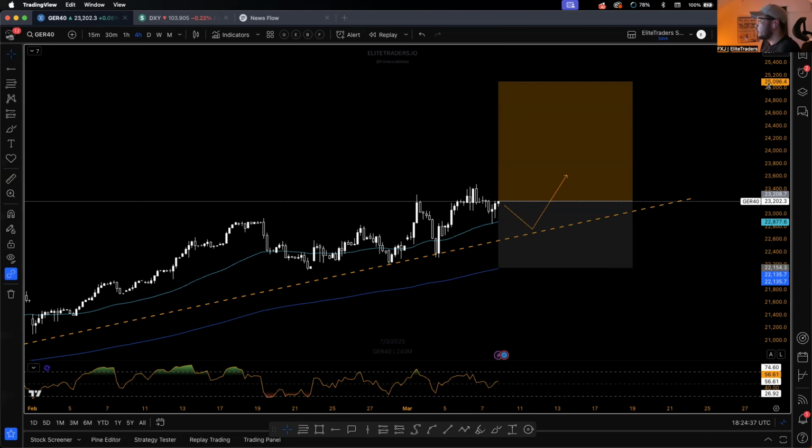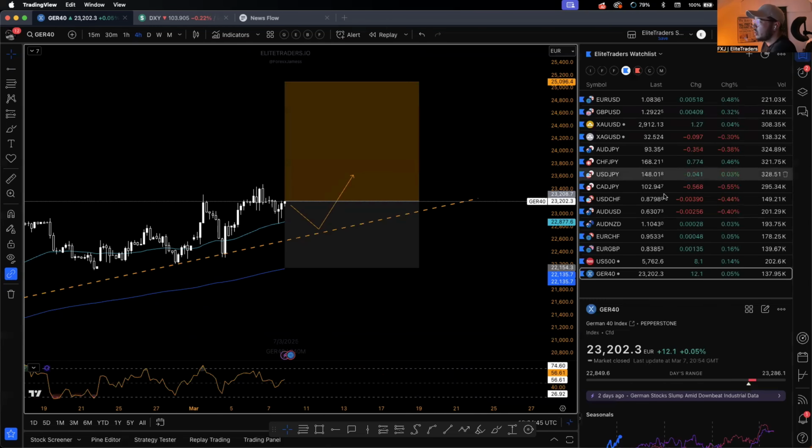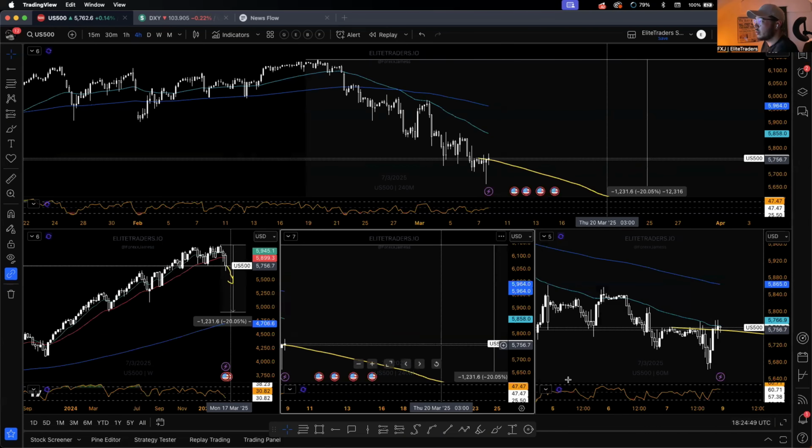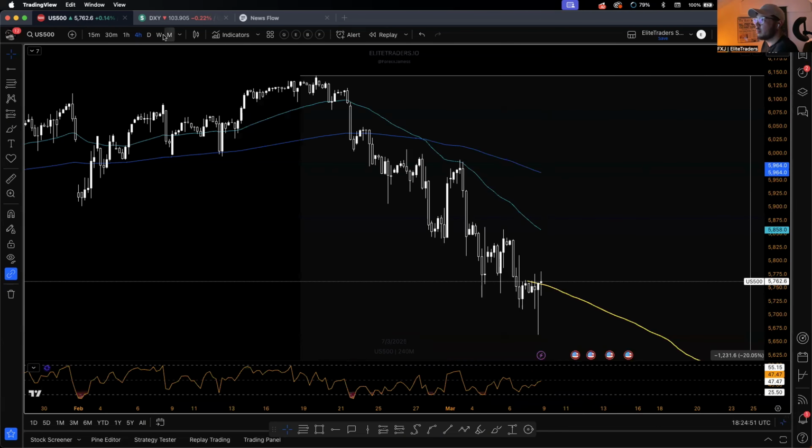Could we expect some kind of pullback in US 500 as happened in 2022? Would make sense since we're skyrocketing since NOV 23. That's a great point, and I actually forgot to mention that's why I've got, let me just pull it, it should be daily. Yeah, so that's why I've got this measurement tool up.